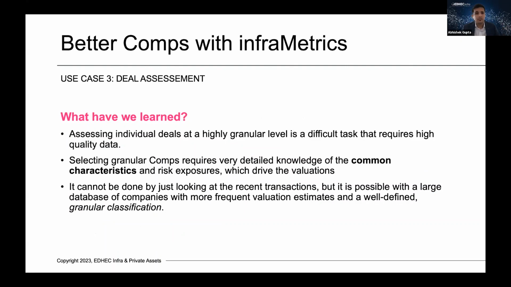That's essentially the key message here in use case 3, that assessing individual deals is a very difficult task at a high granularity. It requires detailed knowledge of common characteristics and risk exposures which drive their valuations. And it cannot be done by just using recent transactions, as we showed you earlier in the example of the Italian road. But it is possible if you have a large database of companies with more frequent valuation estimates and a proper classification system. So it can actually help you get to something close for your asset.